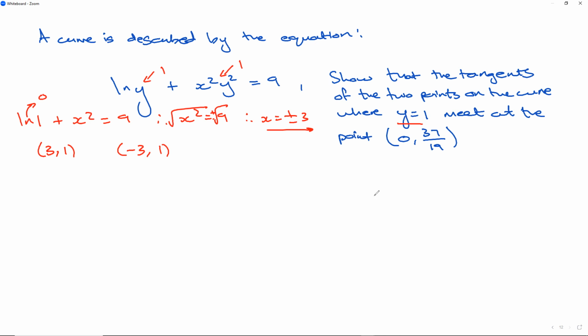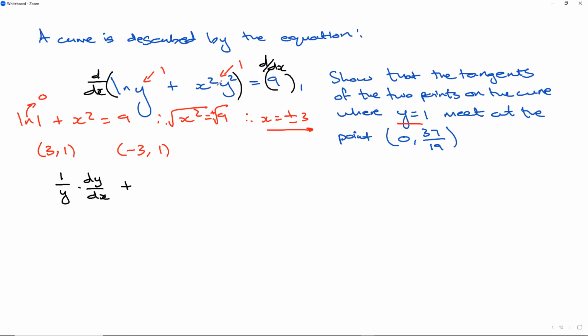Now I'm going to derive this function in order to get the gradients. So I'm going to take d dx of the left-hand side and d dx of the right-hand side. When I derive the left-hand side ln y, it'll become 1 over y times dy dx.